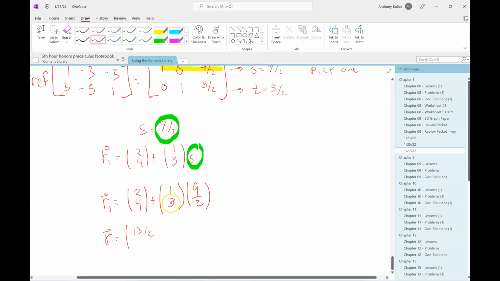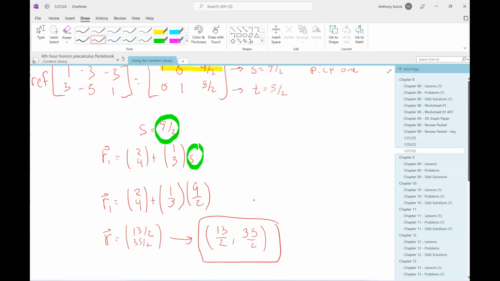And then 27/2 plus 8/2 gives me 35/2. So there is my point.